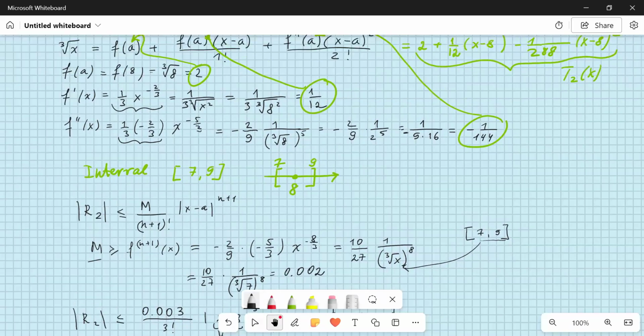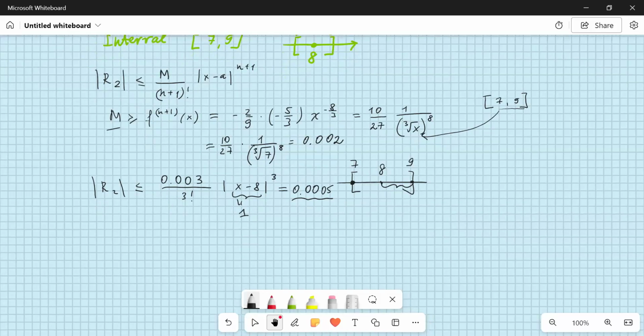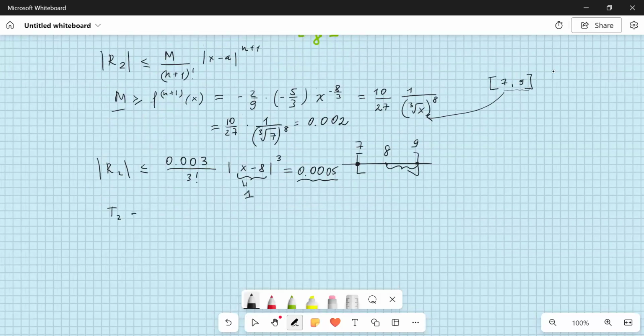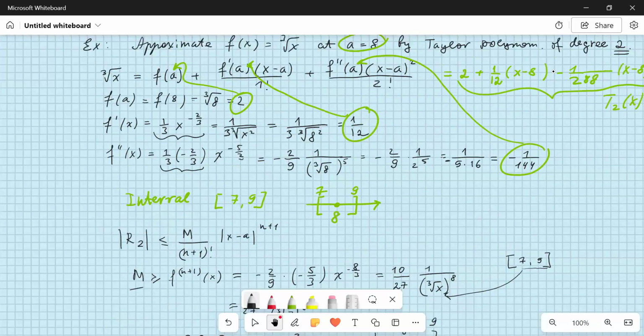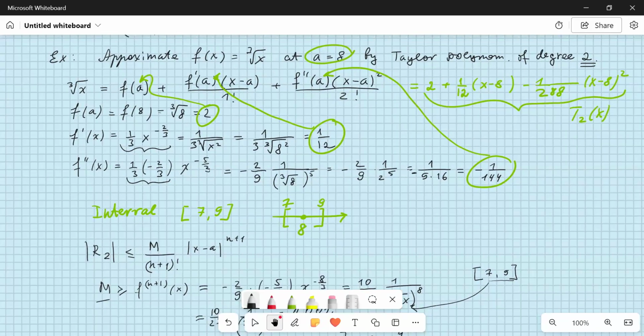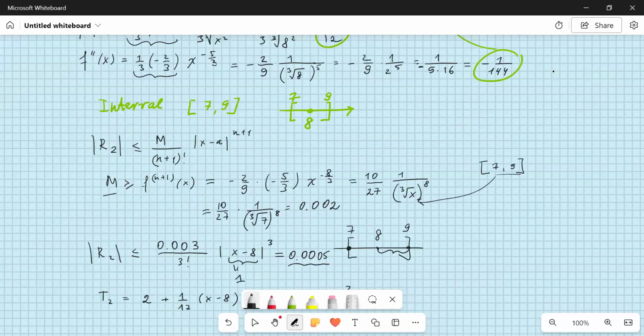So this polynomial we have over here, I'm sorry, I'm going to rewrite the polynomial, okay? T2 is going to be 2 plus 1 over 12 (x minus 8) minus 1 over 288 (x minus 8) squared, I guess, right? Let me double check it. I'm trying to figure out if I'm missing anything.